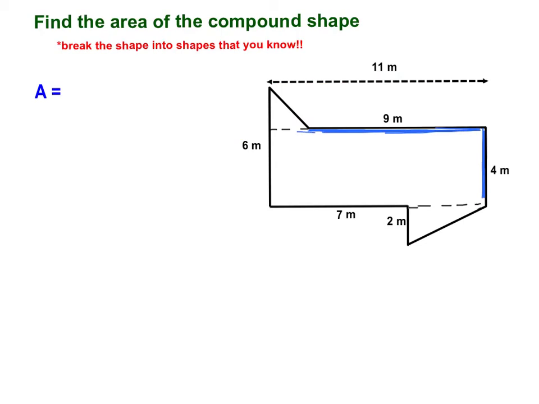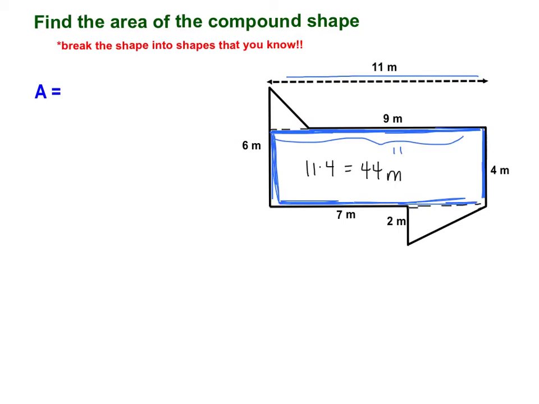If you notice, I want to go further out, and it's exactly what this is right here. It's the whole entire length, so this whole length right here is actually 11. So this area is actually 11 times 4, which is 44 meters squared.